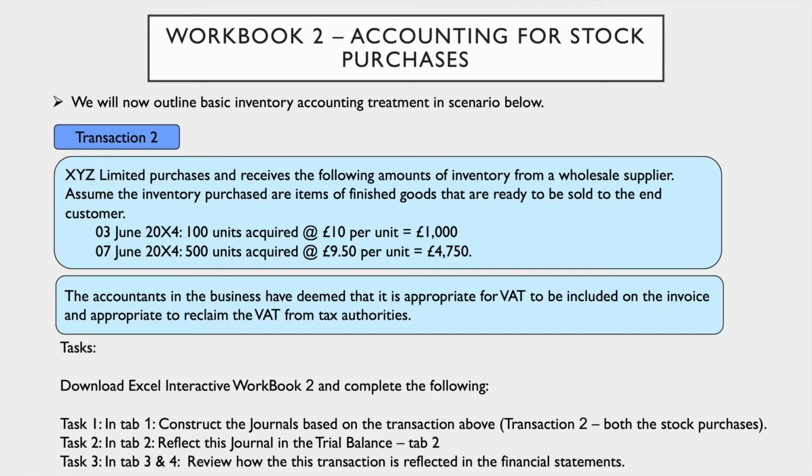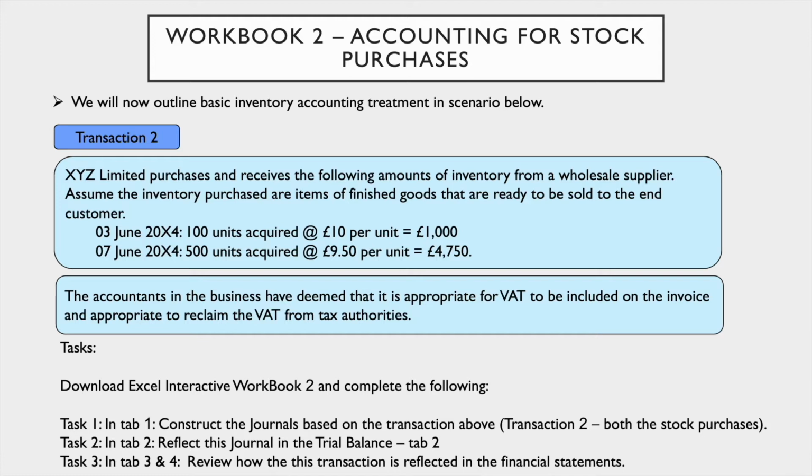Value added tax, or VAT, is the tax you have to pay when you buy goods or services. XYZ Limited are buying goods, inventory here, so there's VAT on that purchase. You can usually reclaim the VAT paid on goods and services which are purchased for use in the business.